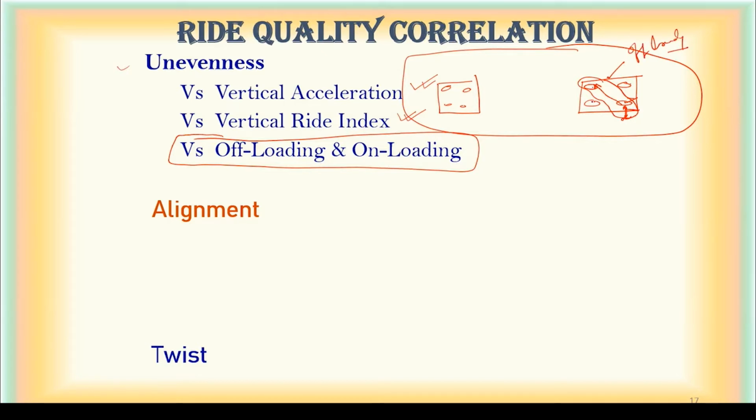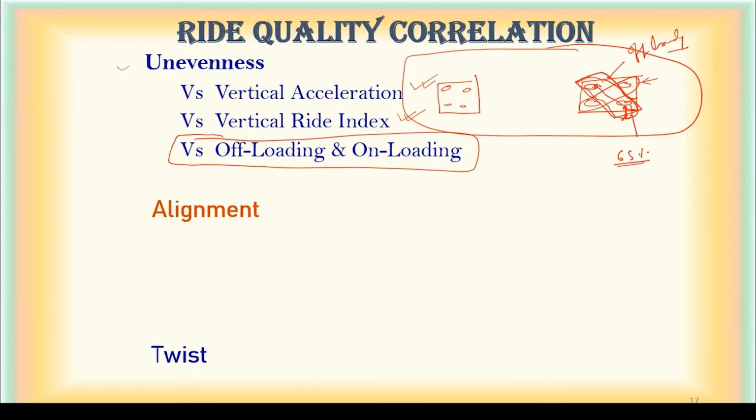And simultaneously these 2 wheels will get onloaded. As far as onloading is concerned, no safety issue is there, but wheel offloading has a safety issue. If the wheel gets offloaded, then a derailment condition may happen, because as per the chart it was established that vehicles can derail without any lateral load if there is offloading up to the extent of 65%.